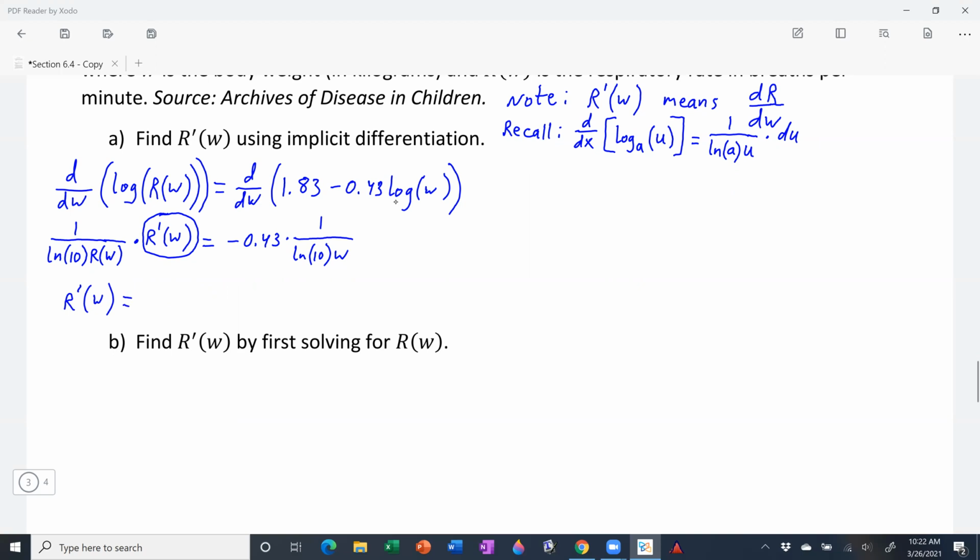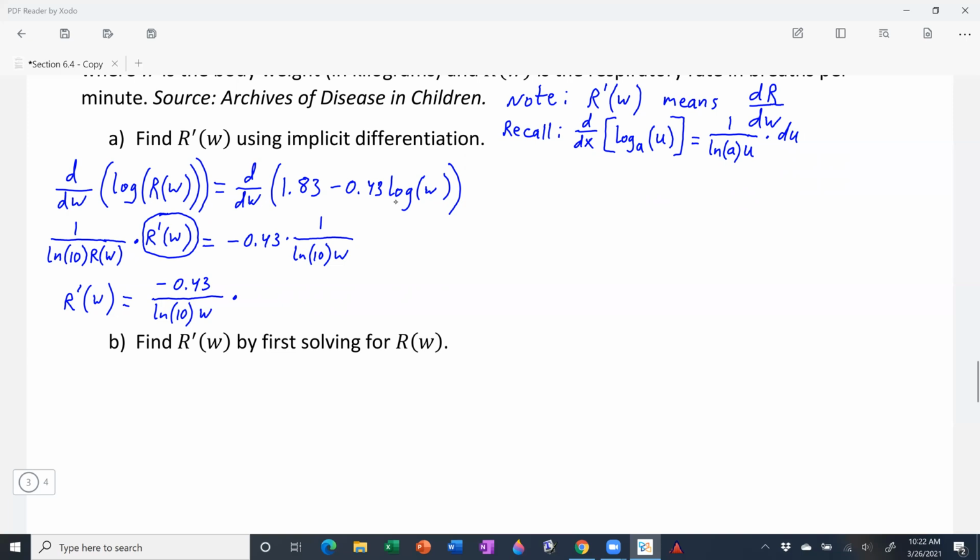equals, and I'll write all of this stuff in a couple of steps. So I'll put this negative 0.43 on top, and then we have natural log of 10 times w. Okay, and so what I'm doing is I'm multiplying both sides of the equation by the reciprocal of this.